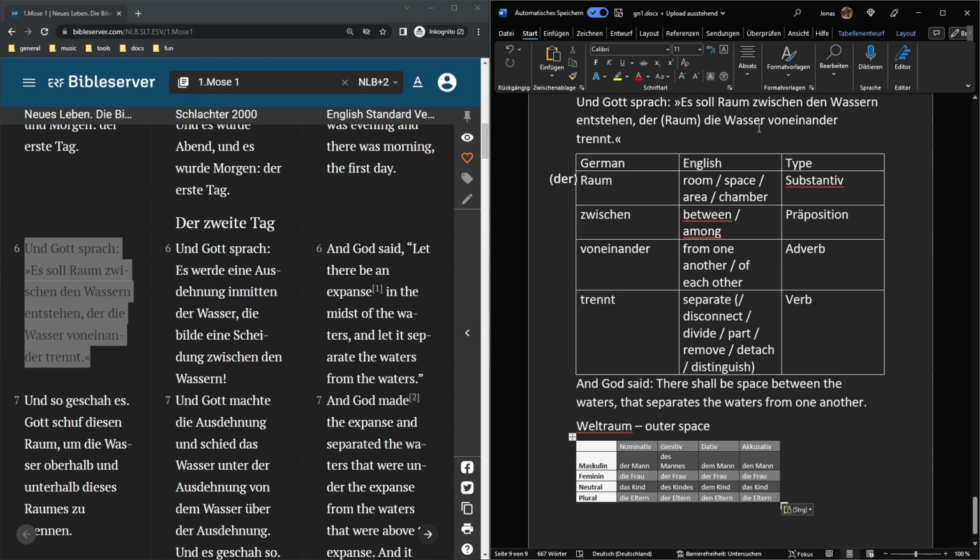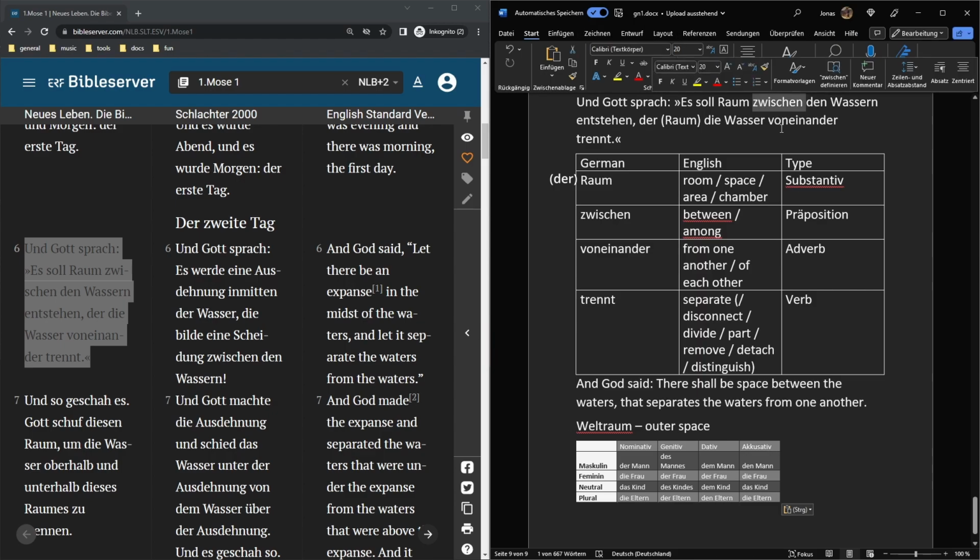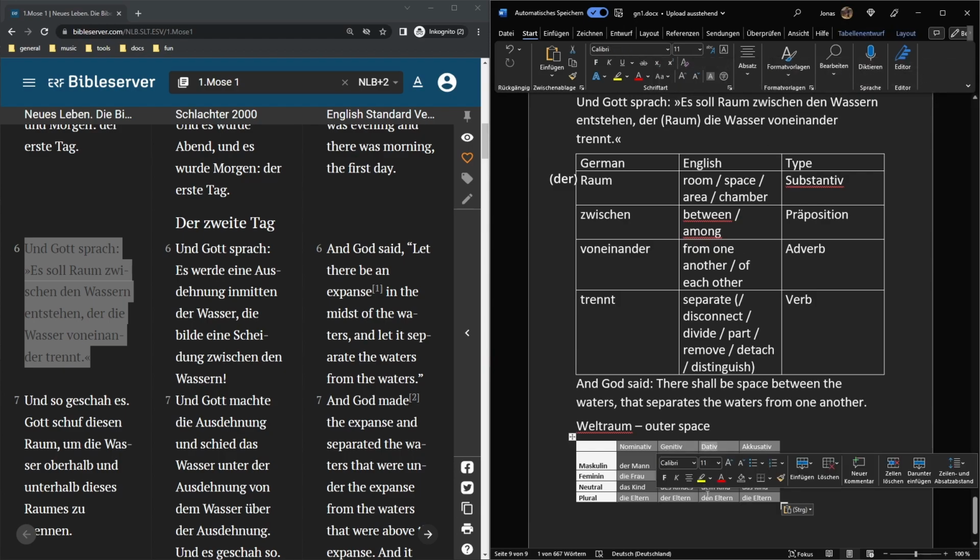However, the Hauptsatz uses the word zwischen, and therefore it must be the dative case. Dative and plural means den, and this is why the sentence uses den Wassern, because of this word zwischen. There are some other prepositions that require the dative.